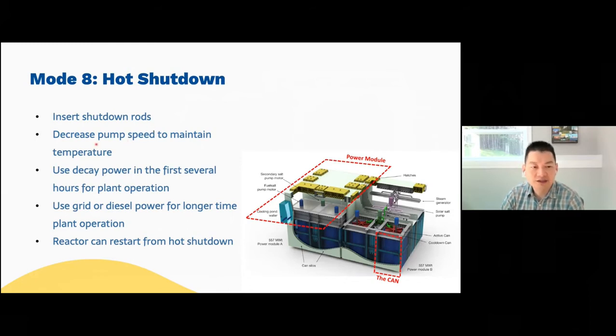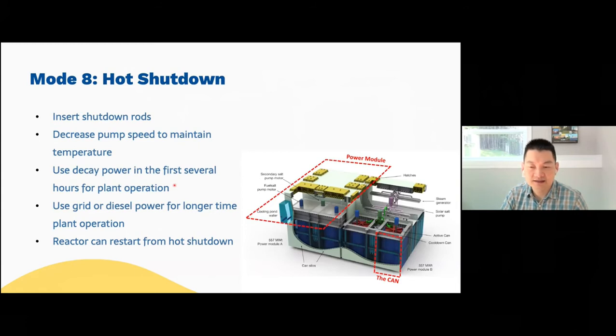Then we decrease the pump speed to maintain temperature, because there's still residual power, decay power, and other sources of power. So we still have to run the pump to remove the heat. The decay power will be enough in the first several hours for the operation.